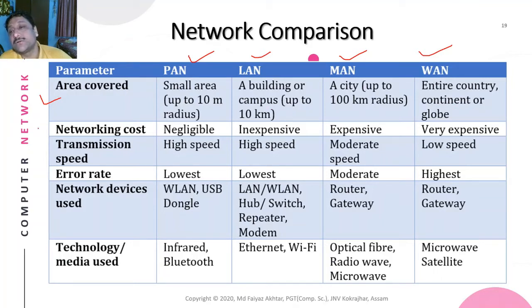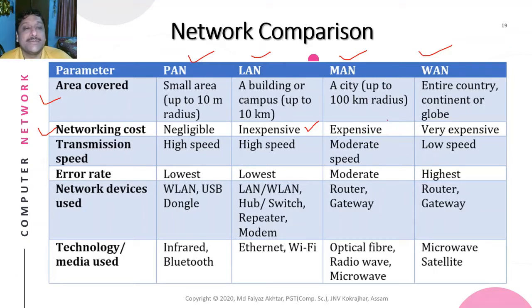Now, what is the cost to establish this type of network? PAN, negligible, nothing we need. All the devices are already available with the devices, so we have to use Bluetooth, USB cable or something, negligible. Now LAN is inexpensive, meaning it costs something, but not the cost that MAN or WAN requires.